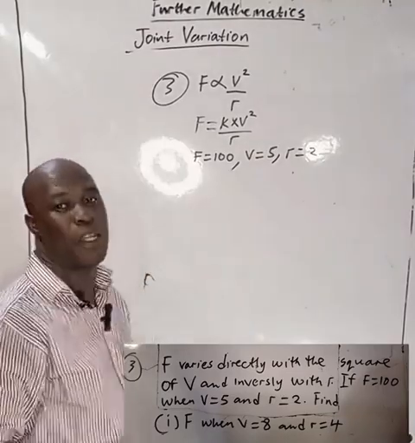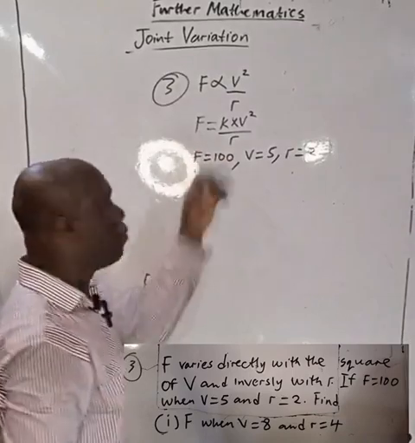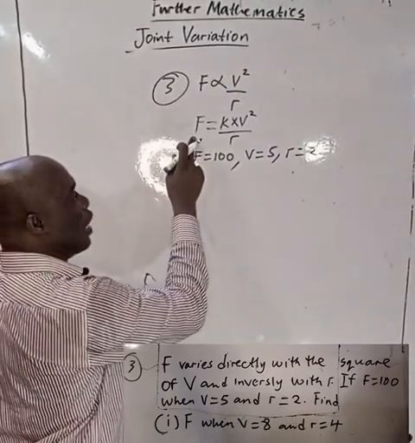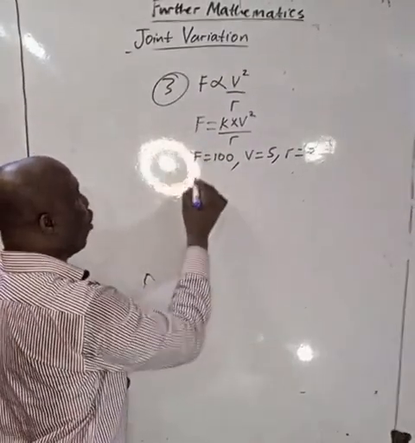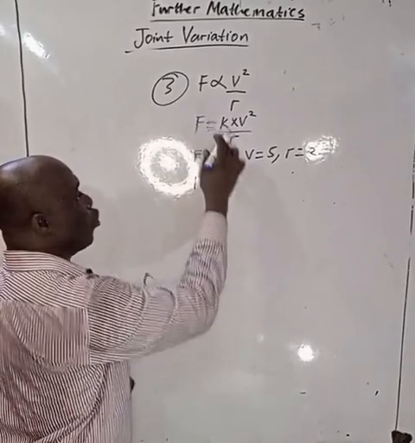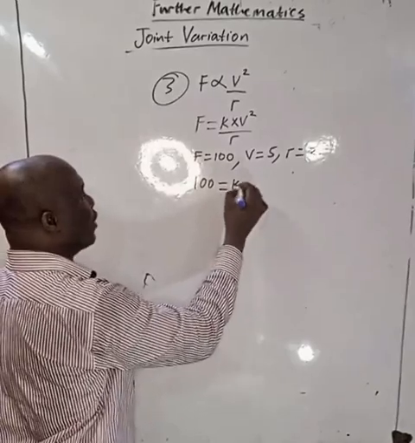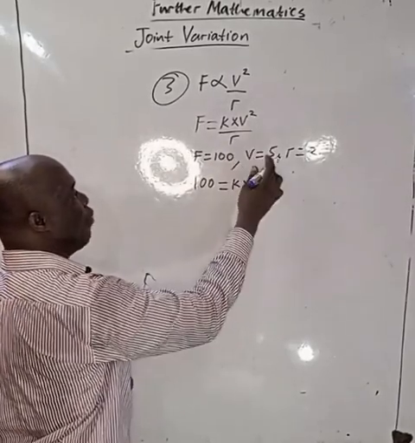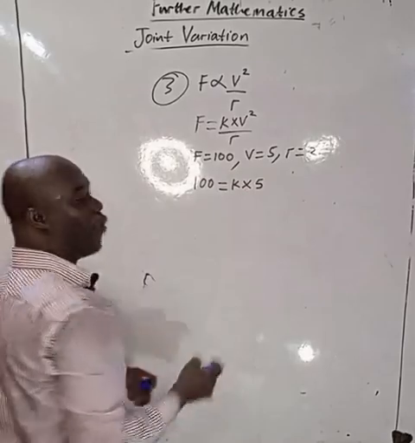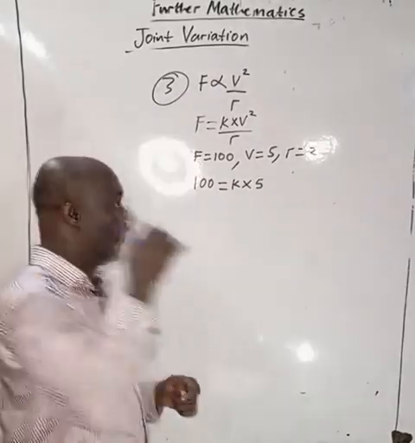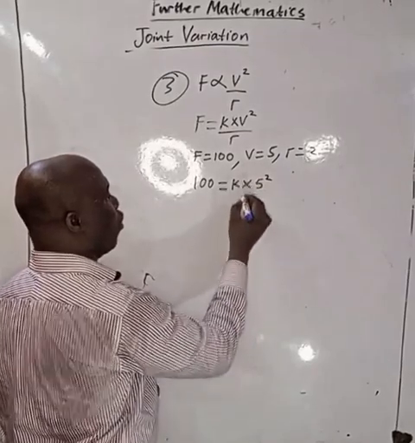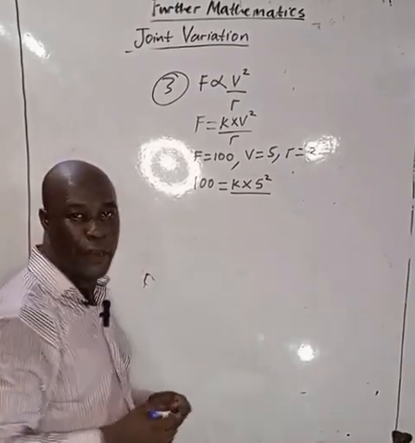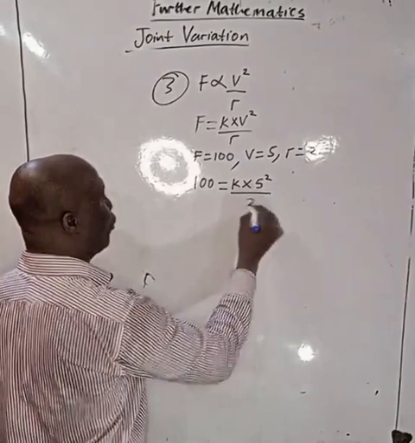Then we put them into this formula. Where you see F here, you put 100 equal to K multiplied by V, and V is 5. But don't forget that V has a square, so you put the square here, over the value for R, which is 2.